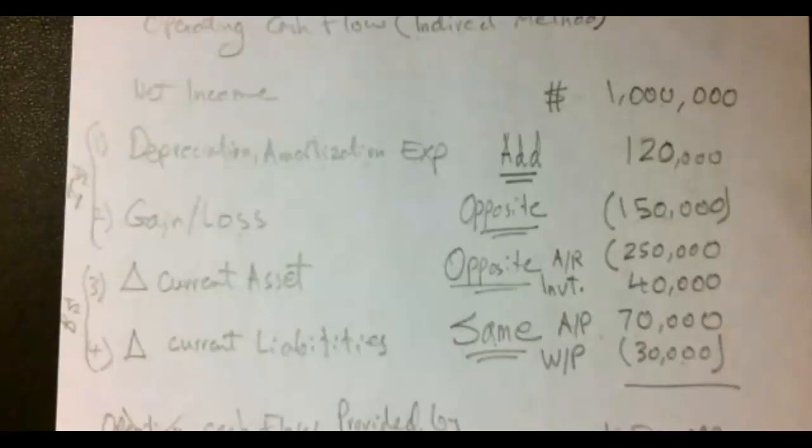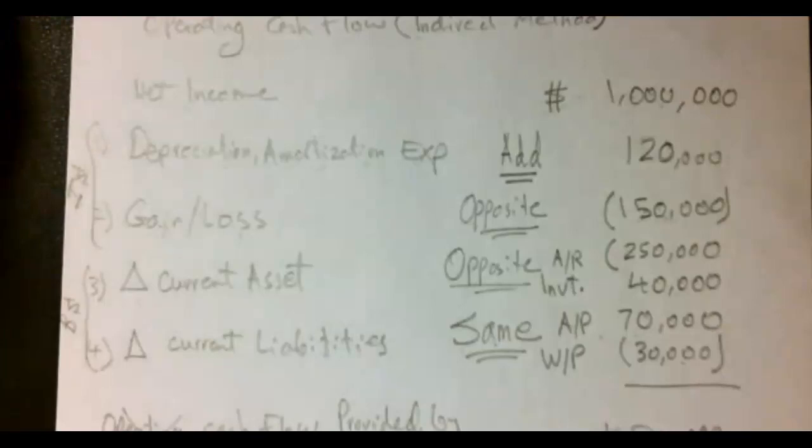And how do you bring your wages payable down? By paying cash for it. So that's why it is $30,000 minus. Anyway, all you need to remember is in steps 3 and 4: changing current assets, you do the opposite. Changing current liabilities, you do the same.